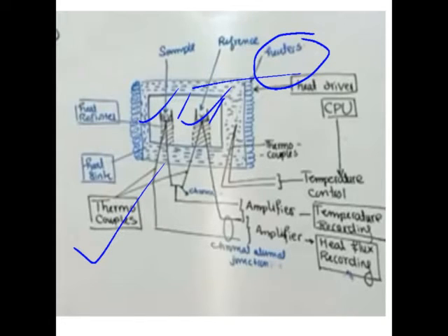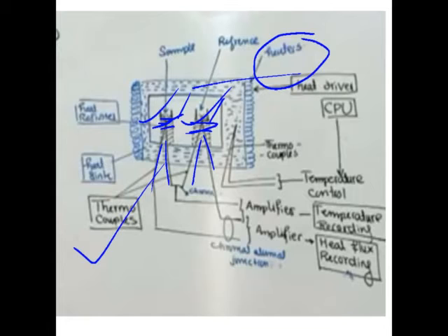These heat sensors or thermocouples are present below the sample and below the reference. They are attached to the sample and reference by wires, and they are attached to the amplifier.